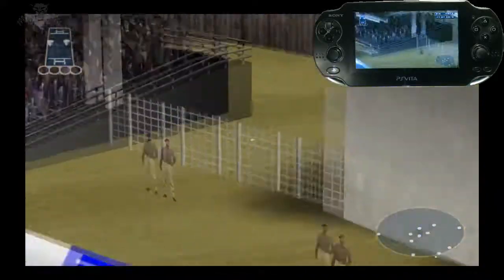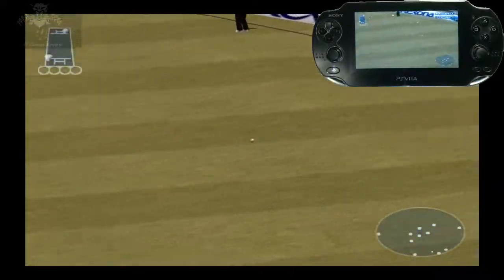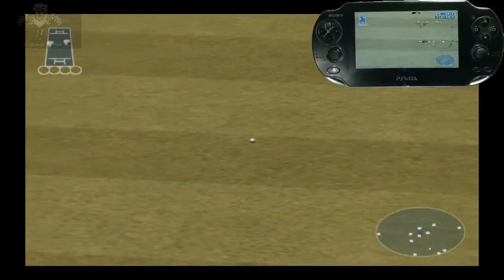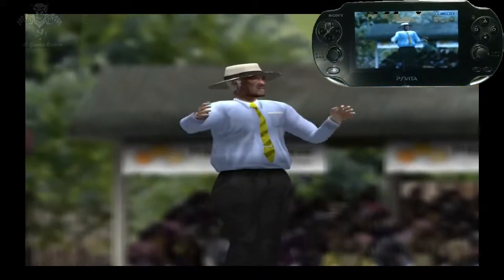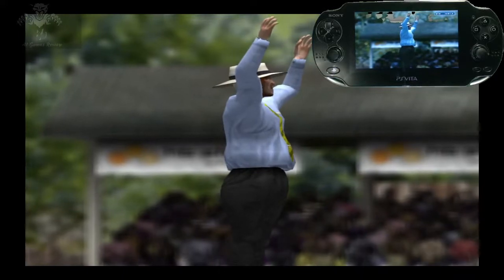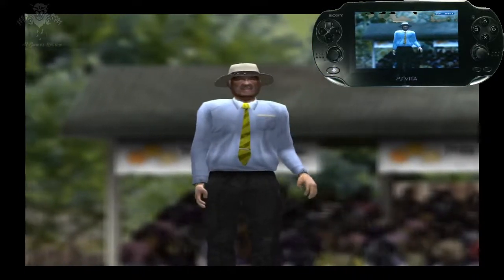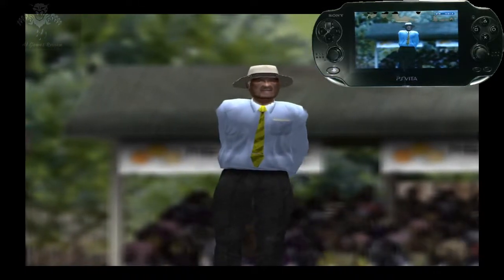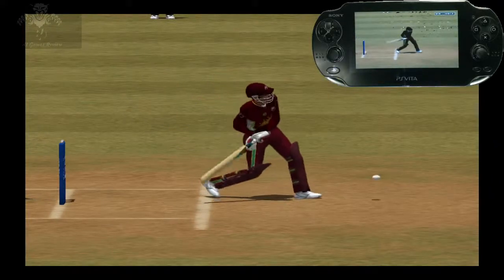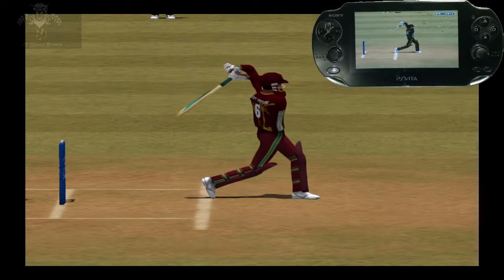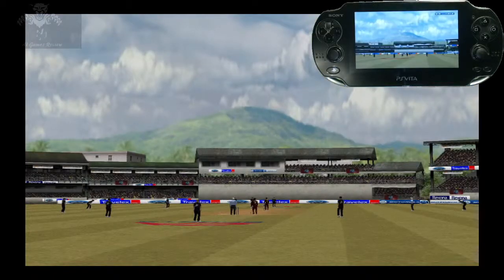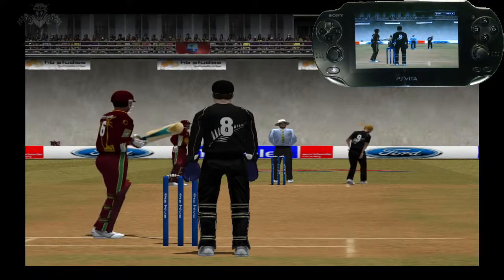And 6. That easily cleared the boundary. It doesn't really matter if it goes in the air if you hit it that far. They have 6 wickets in hand.